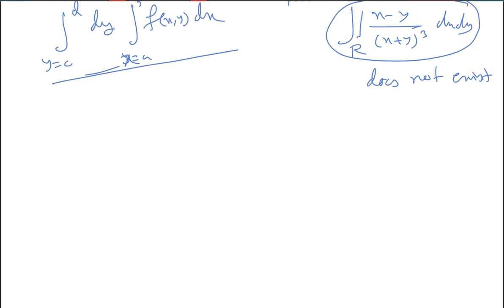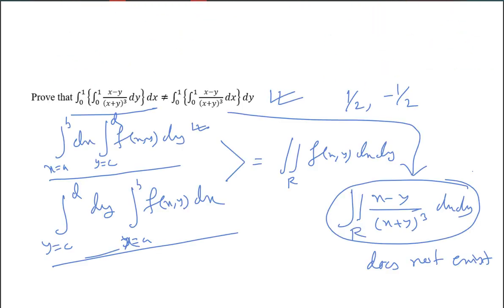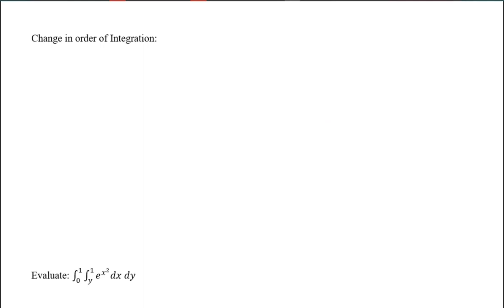Now let me go to a new portion: first of all, change in order of integration. Sometimes we are integrating, suppose, x is equal to a to b, y is equal to phi x to psi x, and then f of xy dx dy.